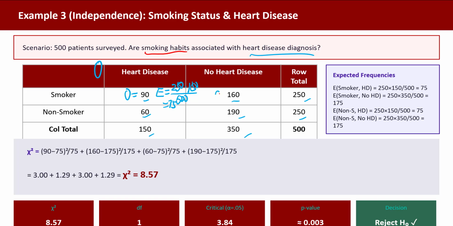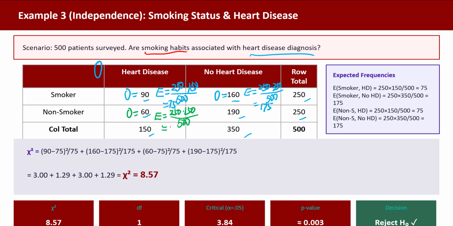Second one, observed frequency 160. Expected frequency is going to be 250 times 350 divided by 500. Simplify, we get 175. And then the third one, expected frequency is going to be 250 row total times column total 150 over grand total 500.